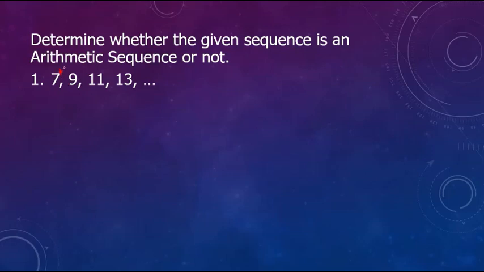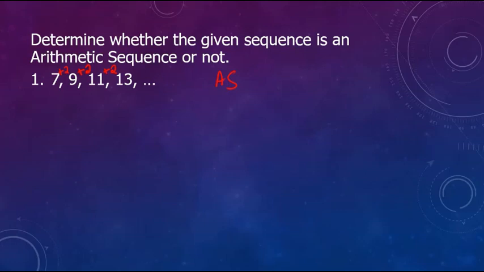You add 2 to 7. Paano nakuha si 11? Again, you add 2 to 9. Paano nakuha si 13? You add 2 to 11. So, therefore, this is an arithmetic sequence kasi pare-parehong 2 eh. Kasi constant yung number na ina-add nyo.